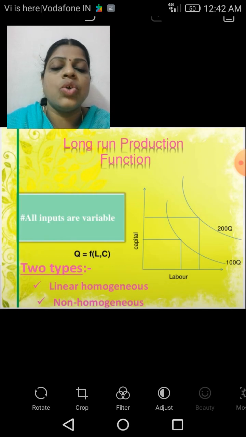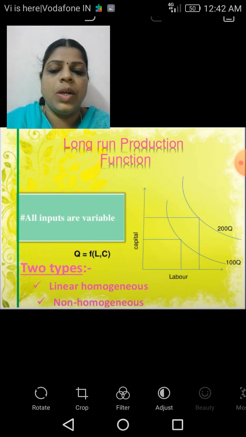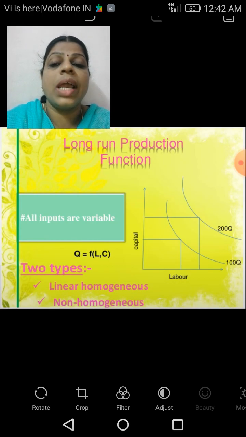There is no fixed factor in this long run production function. All the factors are variable. And the two types of long run production function are linear homogeneous production function and non-homogeneous production function.